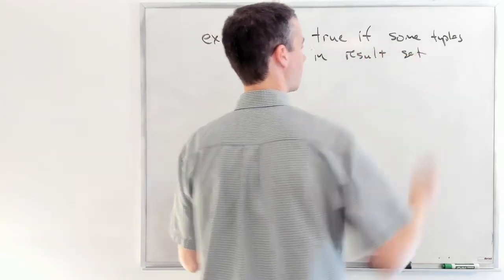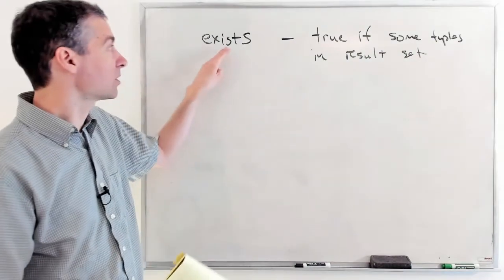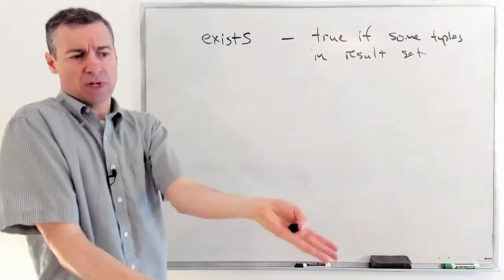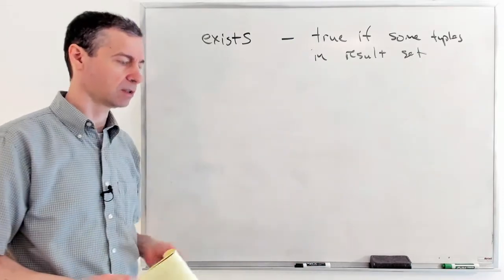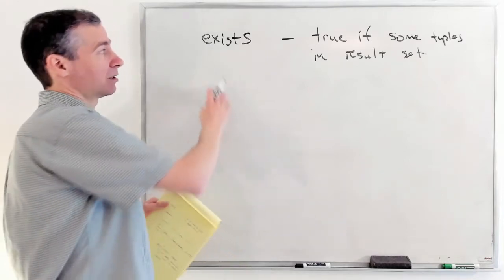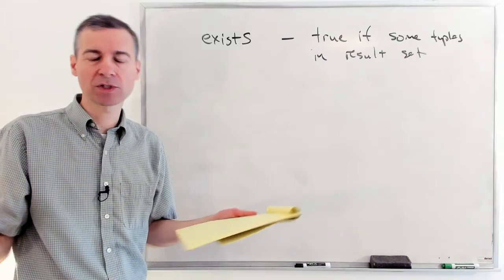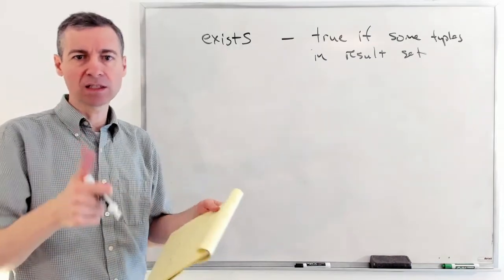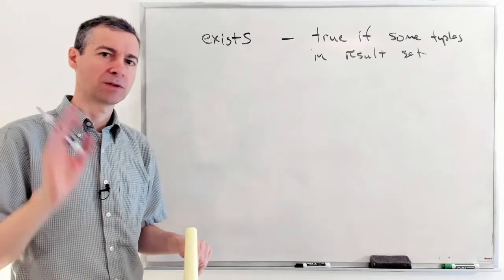Again, you've got some subquery, and you ask, is there anything in this subquery? If so, then it's true. I don't think I've ever used it, but again, these are some of the smaller points of the language. IN and NOT IN, I guarantee you'll go, I want to use those. Very common.